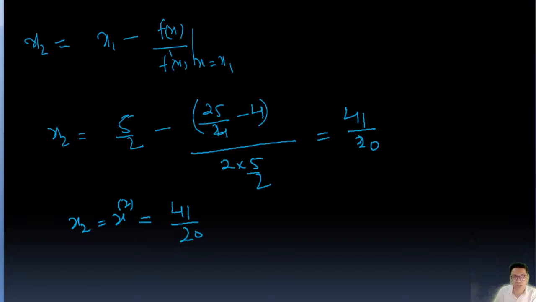So now we'll find the percentage error after two iterations. Very easy question. It is mod of (x2 minus 2) upon 2 into 100%, right?